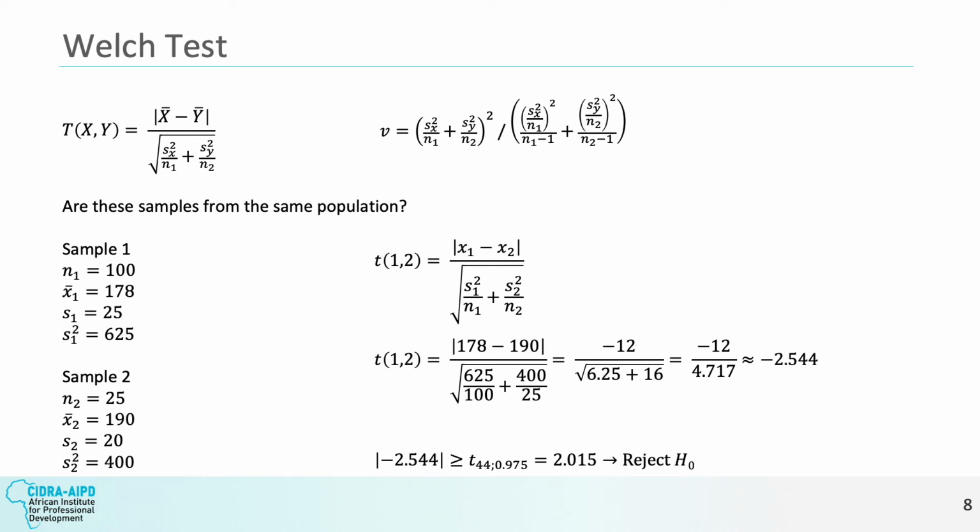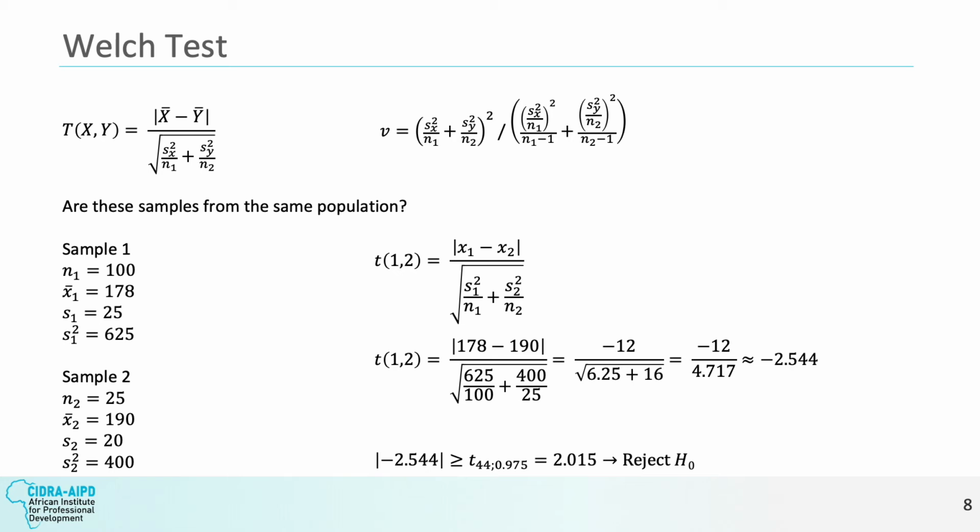For space, we'll write the measurements from our sample in centimeters rather than meters. The calculations remain the same. We calculate our test statistic as negative 2.544.